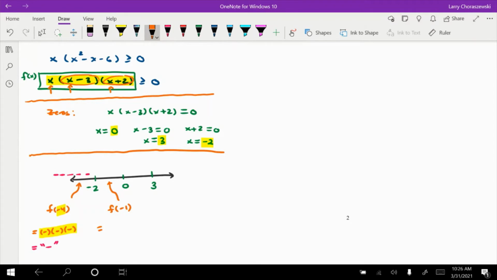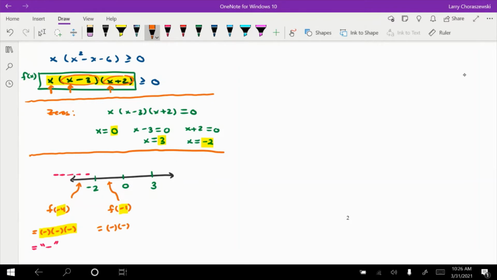So we're going to move on to our next section and pick a number from it. I kind of picked it for us, -1. And let's see what kind of numbers we'd get if we plugged it into our function f of x. Okay, plugging it into x will give us a negative number for the first factor. In the second factor, we'd have -1 minus 3 giving us -4.